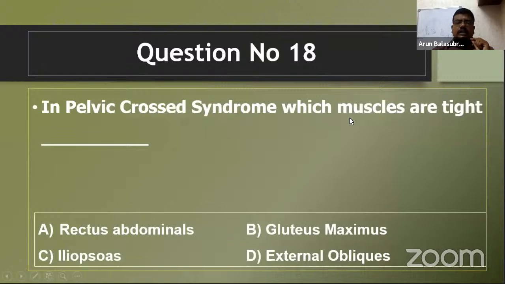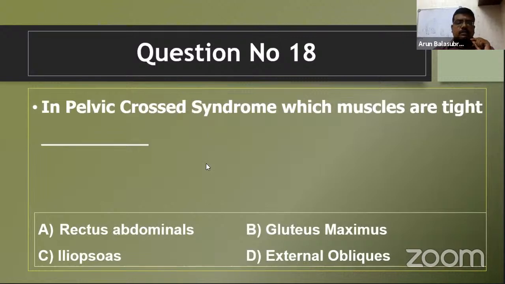Okay, the 18th question. In pelvic cross syndrome, which muscles are tight: rectus abdominis, gluteus maximus, iliopsoas, or external obliques? Pelvic cross syndrome, or lower cross syndrome, is a common syndrome in patients with low back pain. We are supposed to know which muscle is tight. Gluteus maximus is weak.